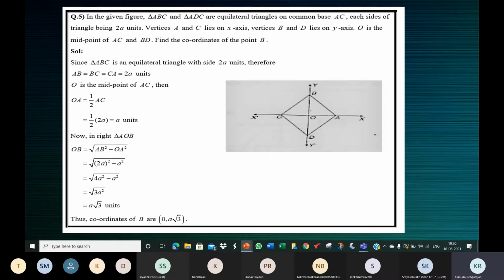So please read the question again. You can also see the question in the slide. Please see the question again. Understand the answer clearly.